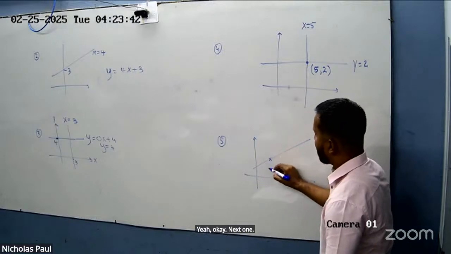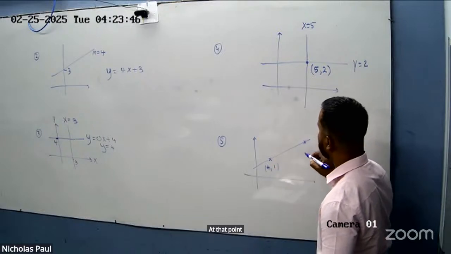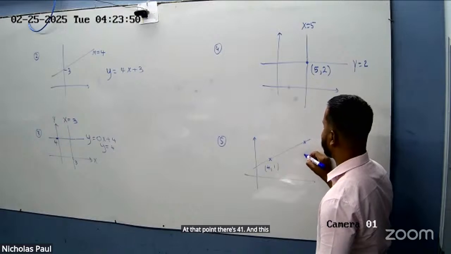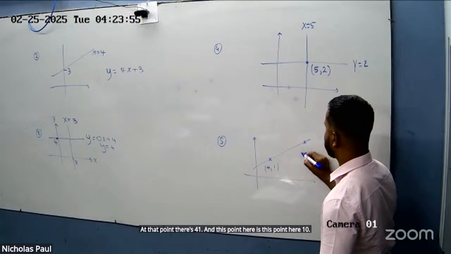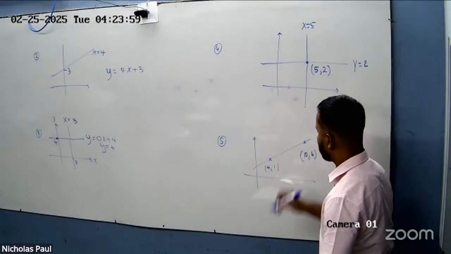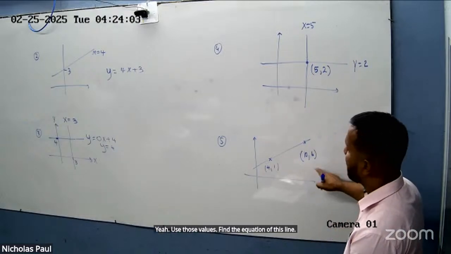This time I'm giving you some points, right? 4, 1. That point there is (4, 1), and this point here is (10, 6). Use those values. Find the equation of this line.